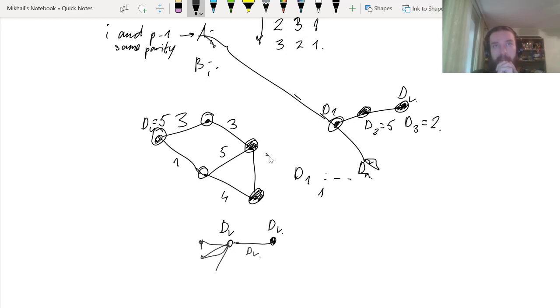What if we look at the next smallest number? It can always be connected to one of these guys. Maybe, maybe not.